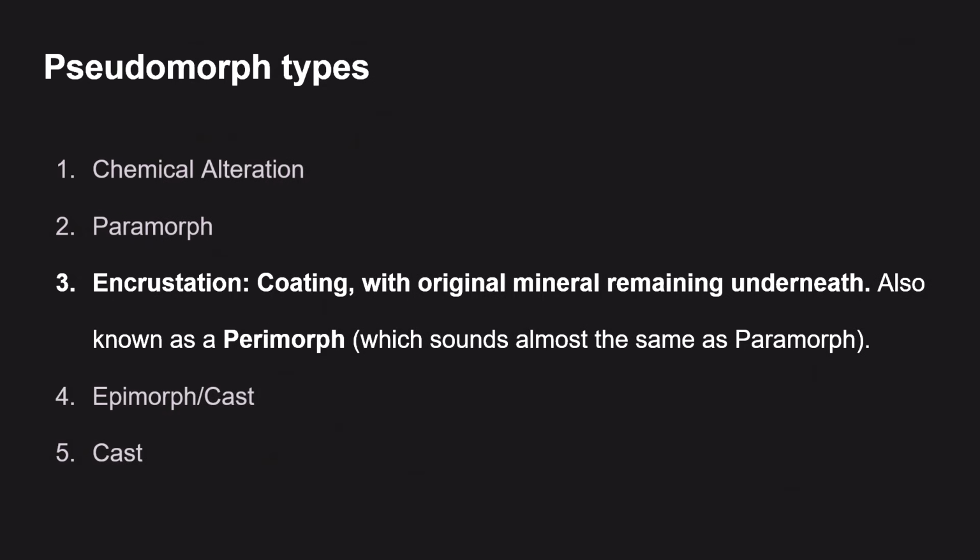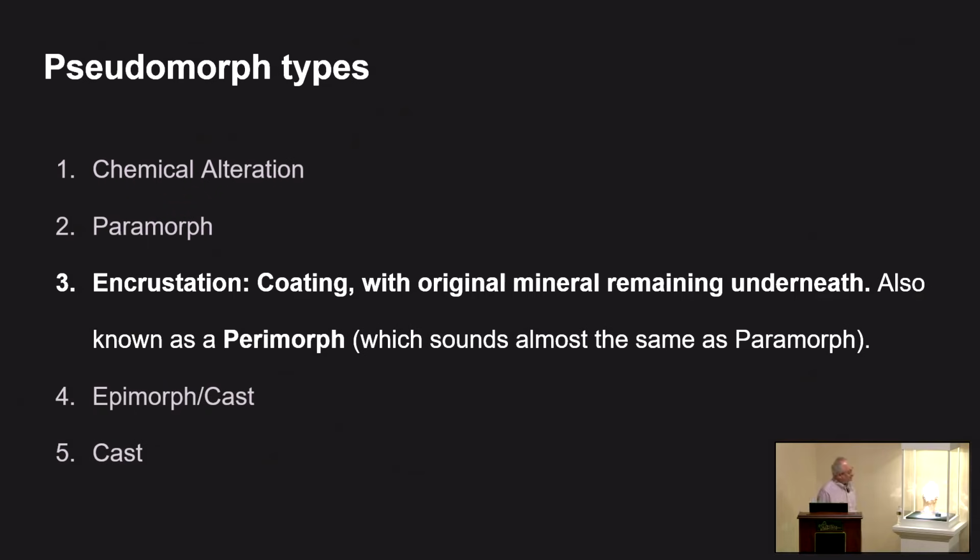The next type of pseudomorph I'll be covering is encrustations, or a simpler word, coating. And it's a coating with the original mineral remaining underneath the coating. Now, this is also known as a perimorph, but I'm going to avoid saying the word perimorph because it sounds very much like item number 2, paramorph.